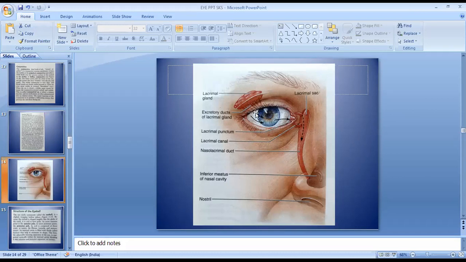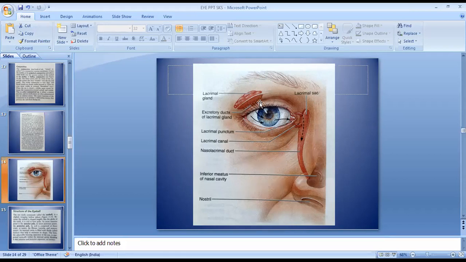So it is just opening in the upper part of the eyelid, rather the internal side, the surface of the upper eyelid, and then this lacrimal secretion just crosses the eyeball and then gets drained to the lacrimal punctum, lacrimal canal, and lacrimal sac over here. So they get drained into the lacrimal sac and then it reaches the nasal cavity.